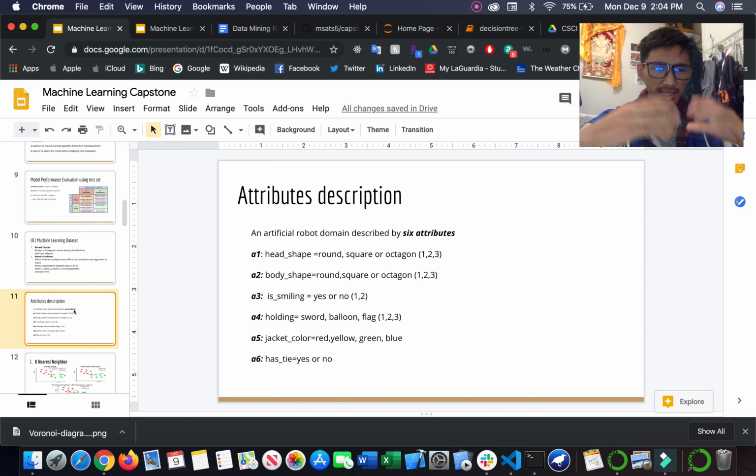If it's 1, the head shape is round, 2 is square, and 3 is octagon. The same goes for A2, which is body shape, and could be 1, 2, or 3. A3 is whether it's smiling, yes or no, so it could be 1 or 2. Then holding, jacket color, and hairstyles.